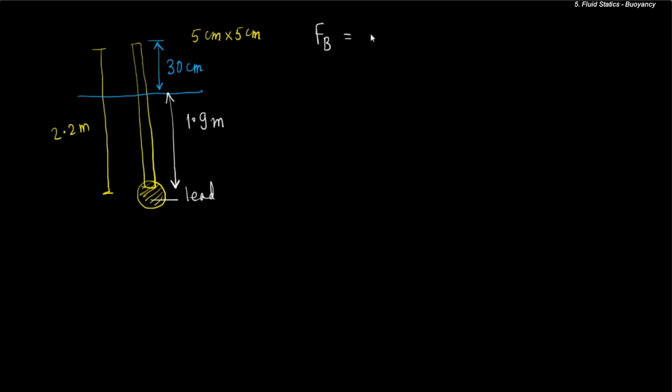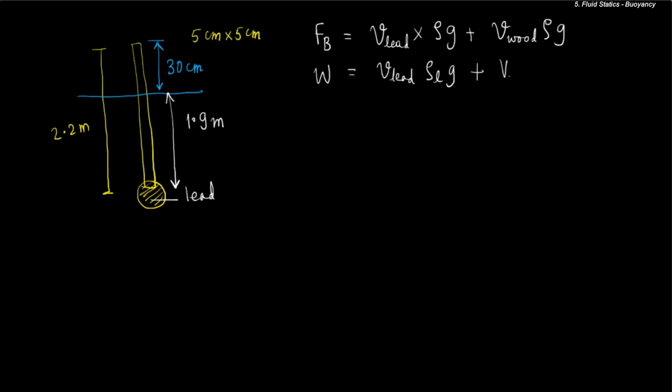So the buoyancy force will be the volume of lead multiplied by rho of water times G plus volume of wood times rho of water times G. Whereas the total weight of the system is volume of lead times density of lead times G plus volume of wood times the density of wood times G.